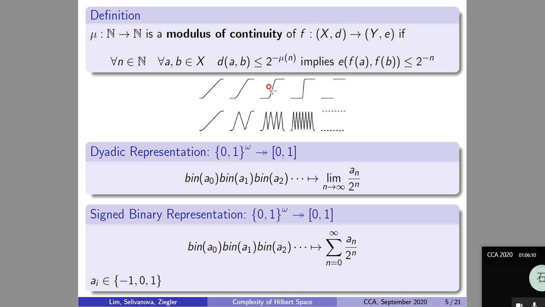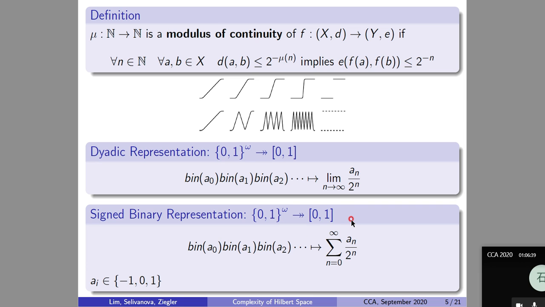We are interested in the modulus of continuity of representations. When it comes to representation, modulus of continuity captures the idea of how many bits we need for a given precision, or how many bits we need to include a specific amount of information. Thus we have the dyadic representation and the signed binary representation.